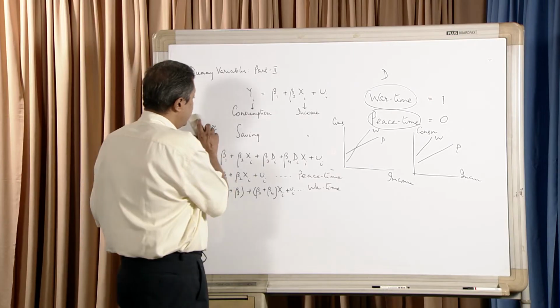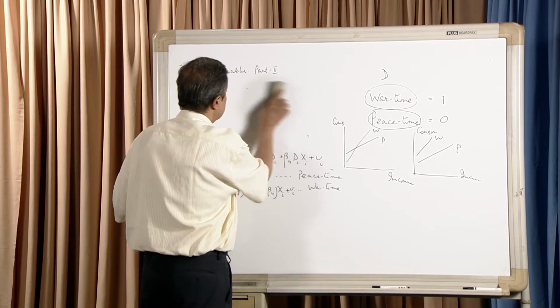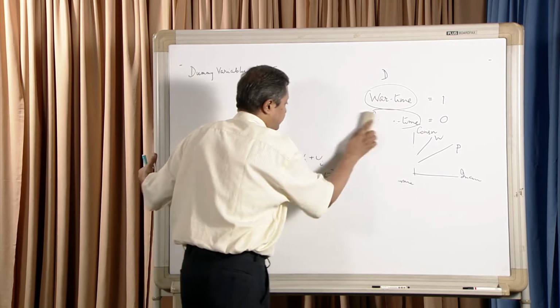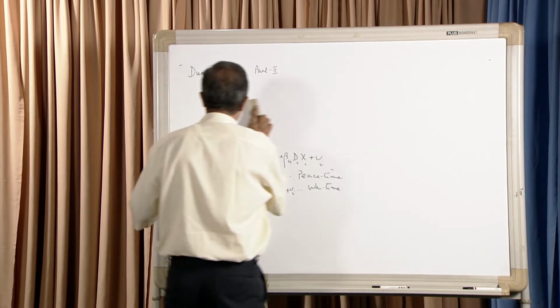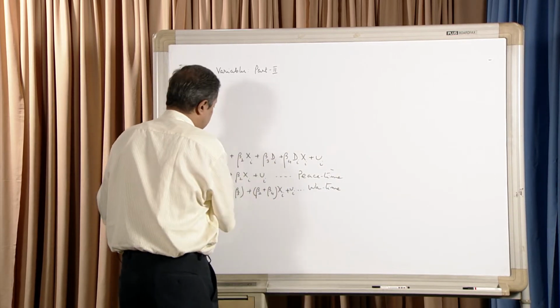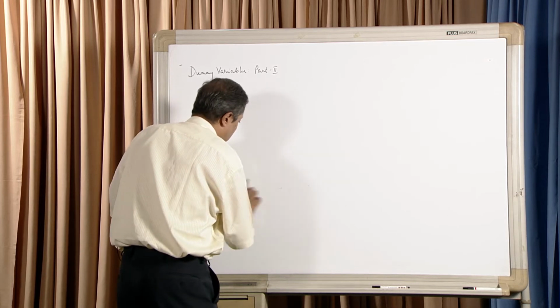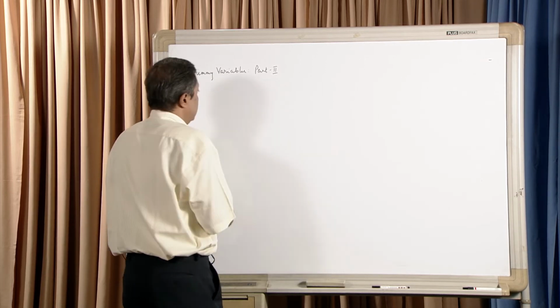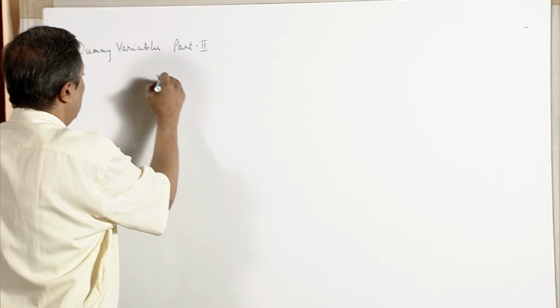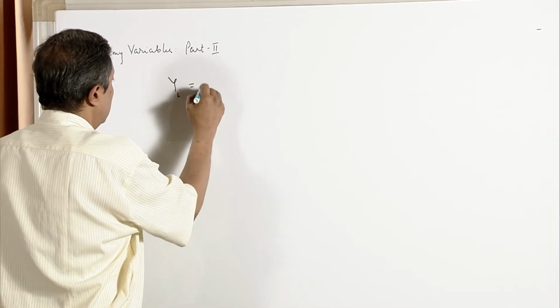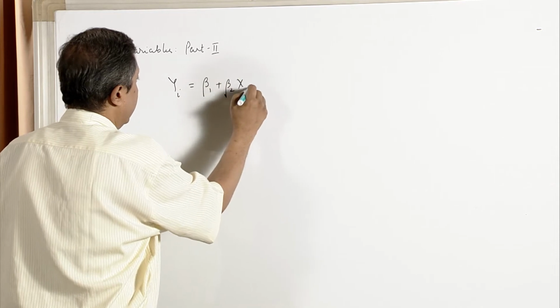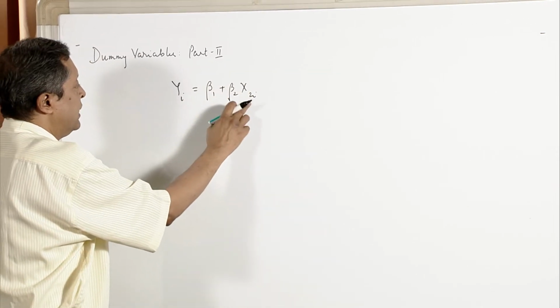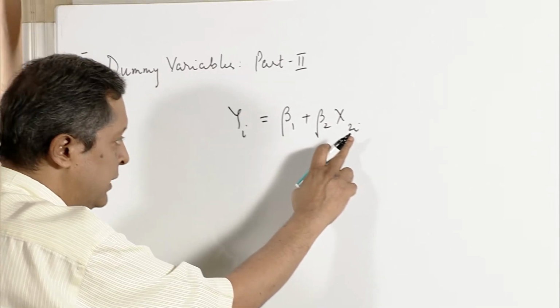Let us see how to test whether the two regressions are different. Viewers will recall that in a general model, the general format is y i equals beta 1 plus beta 2 x 2 i plus beta 3 x 3 i plus beta 4 x 4 i plus u i. This is x 2 just to keep parity with beta 2. There is nothing sacrosanct about x 2.